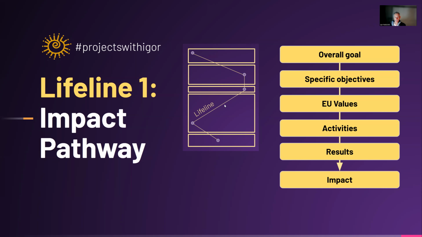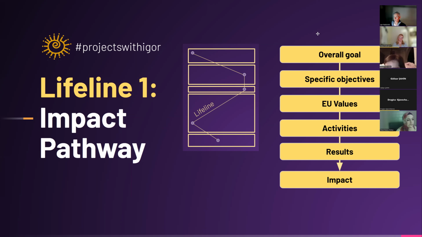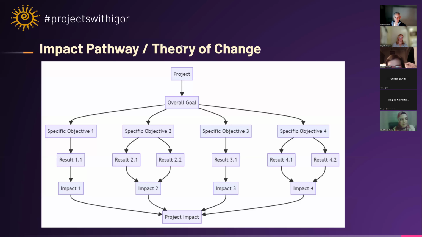Throughout your application, the impact pathway should be seen and should be connected: how the overall goal leads to the specific objectives, and these specific objectives use EU values in the activities, and the resulting results have this impact. And evaluators already said this is a theory of change, and this is the impact pathway.